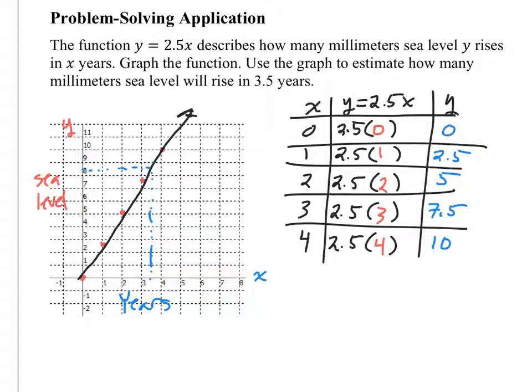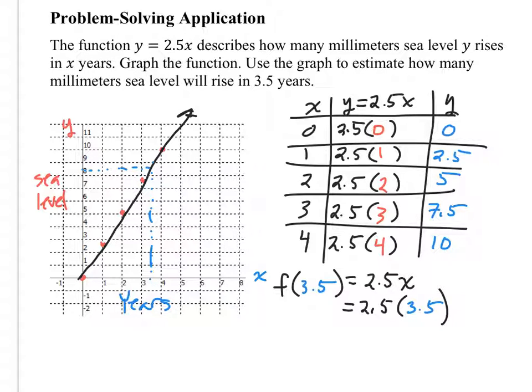Well, let's see what it actually is by plugging it into the function. So if f of 3.5, we're going to plug that into the function rule of 2.5x. So that's equal to 2.5 times 3.5.